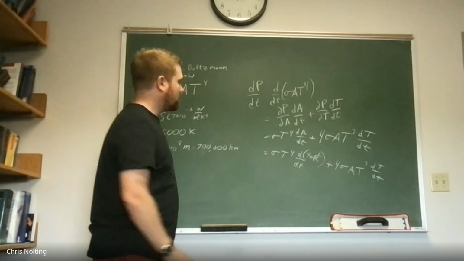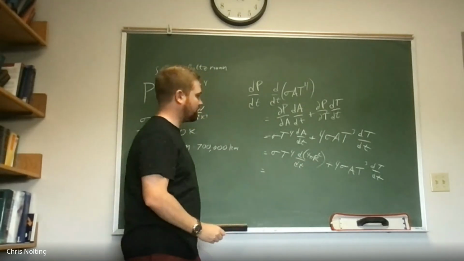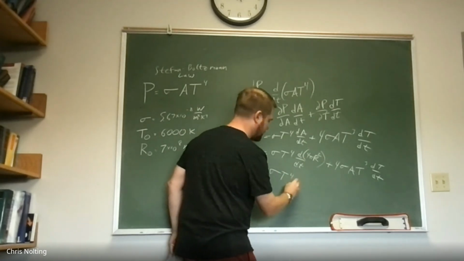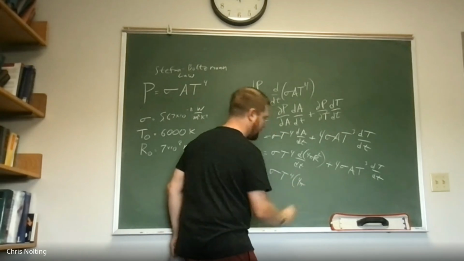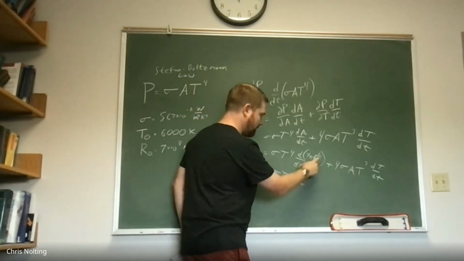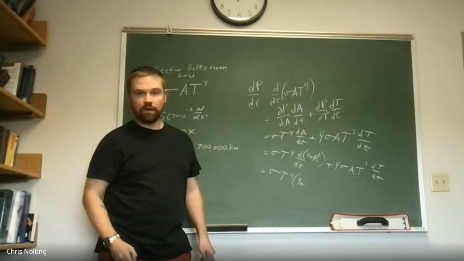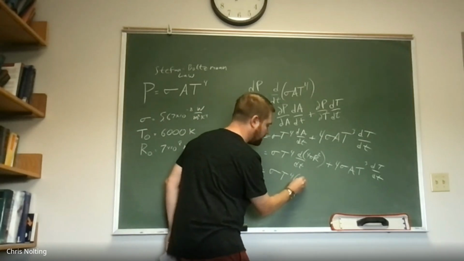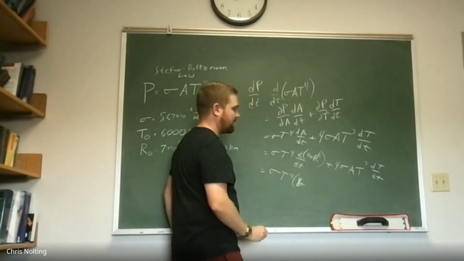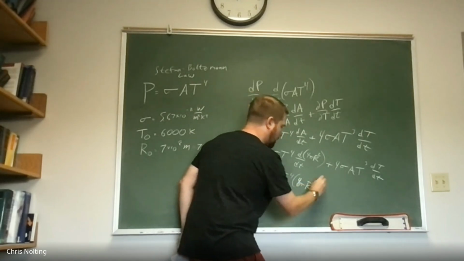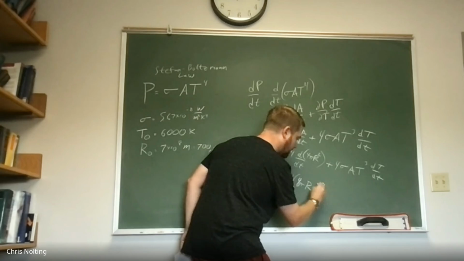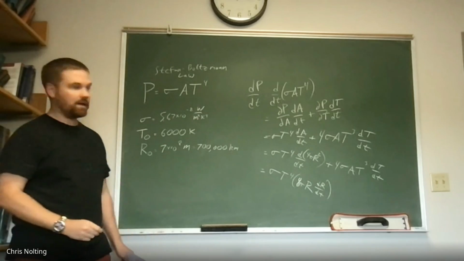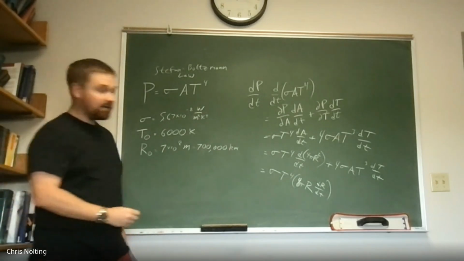Finishing off this derivative, we have sigma T to the fourth. This is going to give us a 4 pi coming out, but then we would get a 2 down from the radius, because the radius is changing with time as the star gets bigger. So I'm going to actually make this an 8 pi r dr/dt.